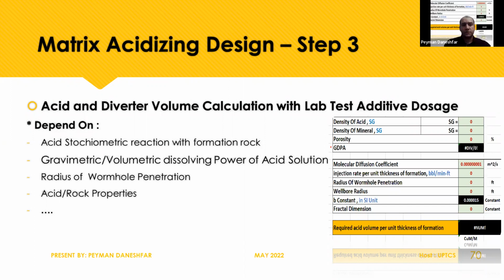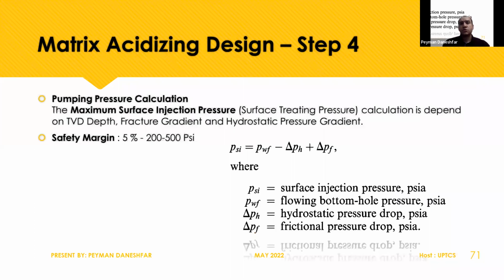And another one is to calculate the pumping pressure. How can we calculate the pumping pressure? We should know about the surface injection pressure, the flowing bottom-hole pressure, hydrostatic pressure, and frictional pressure drops.